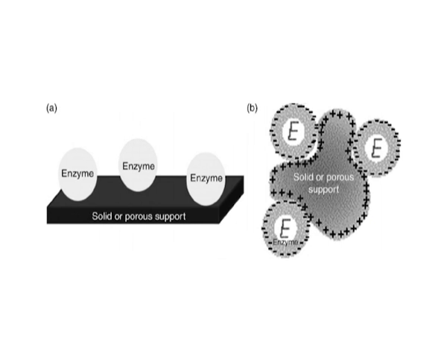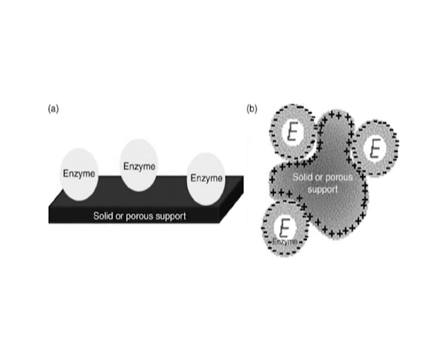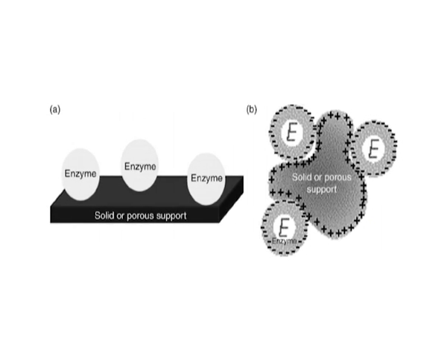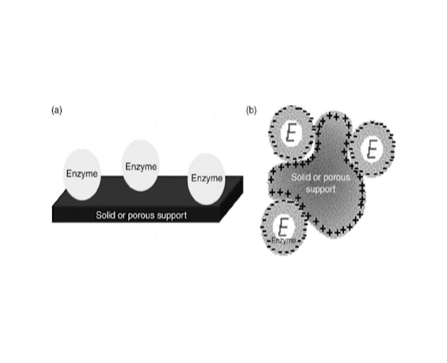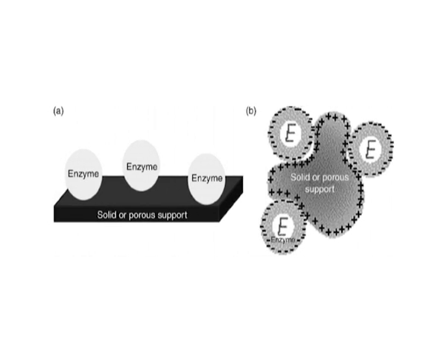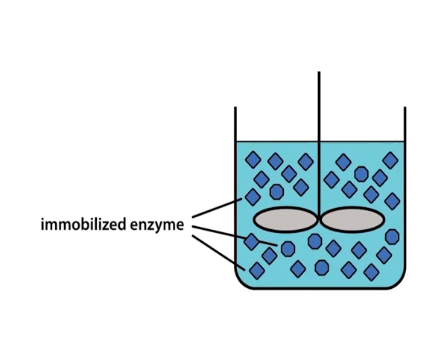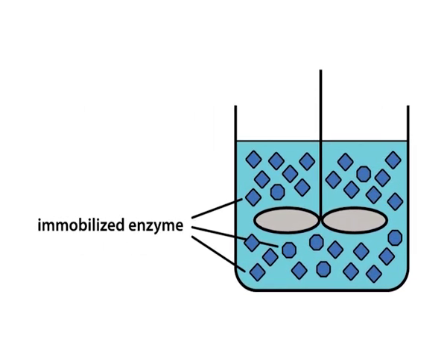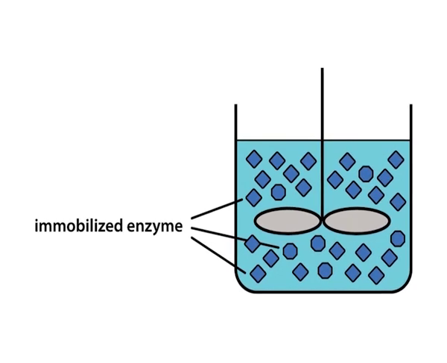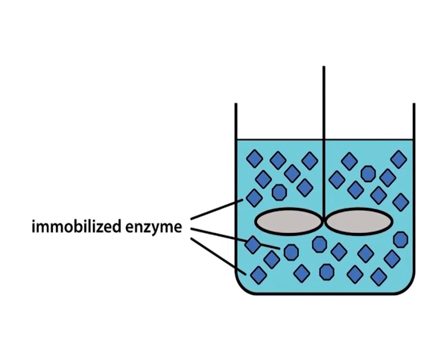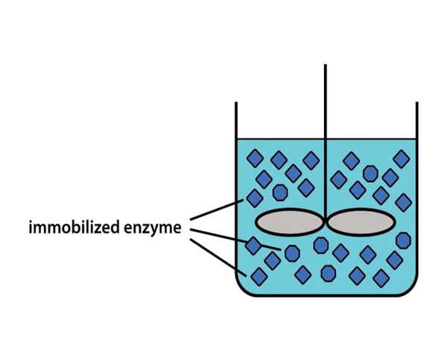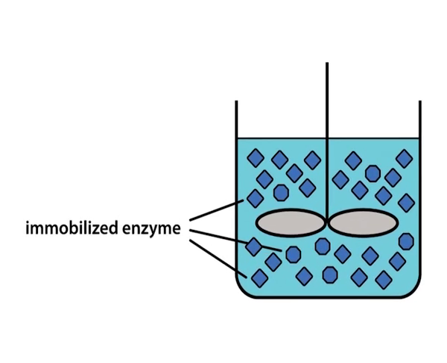The enzymes can be attached to the support by interactions ranging from reversible physical adsorption and ionic linkages to stable covalent bonds. Thus, immobilization of enzymes or cells refers to the technique of confining or anchoring the enzymes or cells in or on an inert support for their stability and functional reuse.